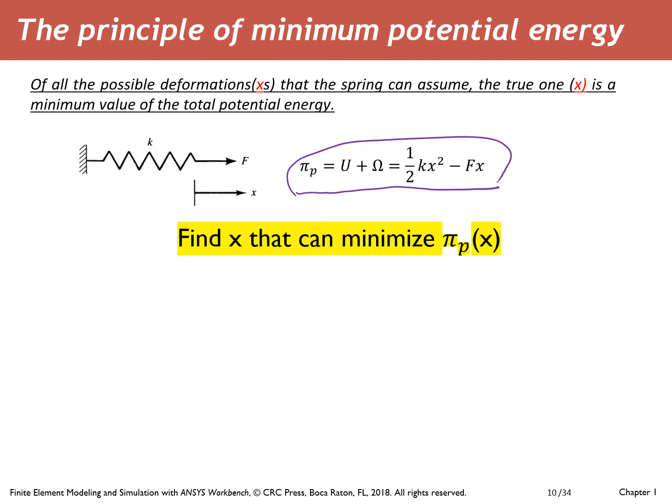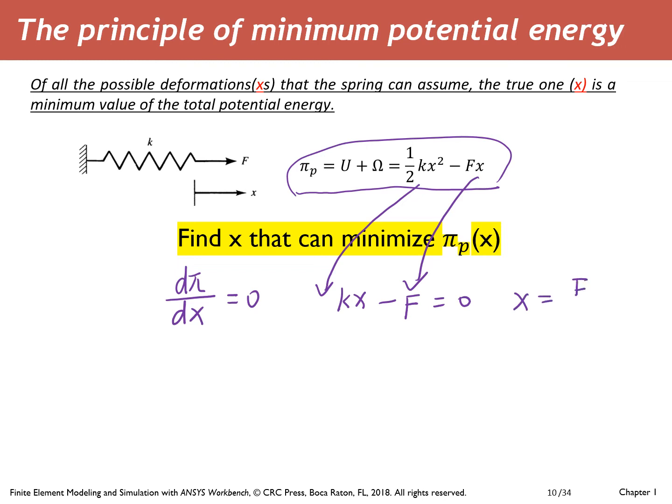Well, mathematically it's easy, right? The slope, or derivative, of Pi equals 0. So the first term's derivative becomes kx, the second term is minus F, equals 0, which leads to x equals F over k.